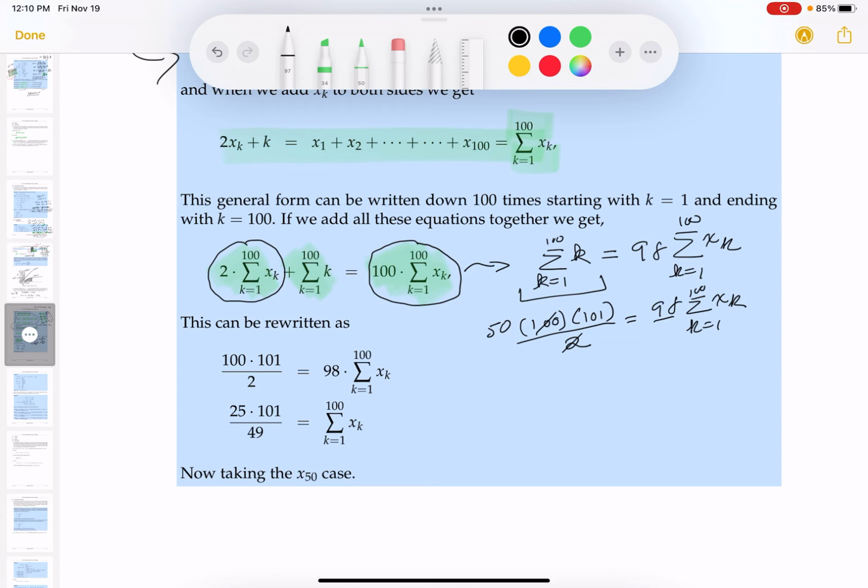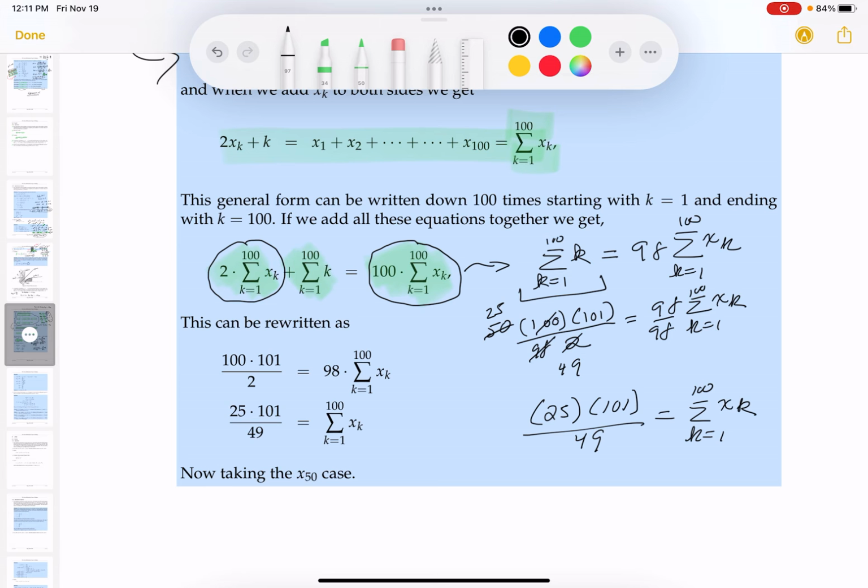I'm going to divide both sides by 98, and divide by 2 again. It gives you 49, and this will give you 25. So you get 25 times 101 over 49 is equal to the sum, k equals 1 to 100, of xk.